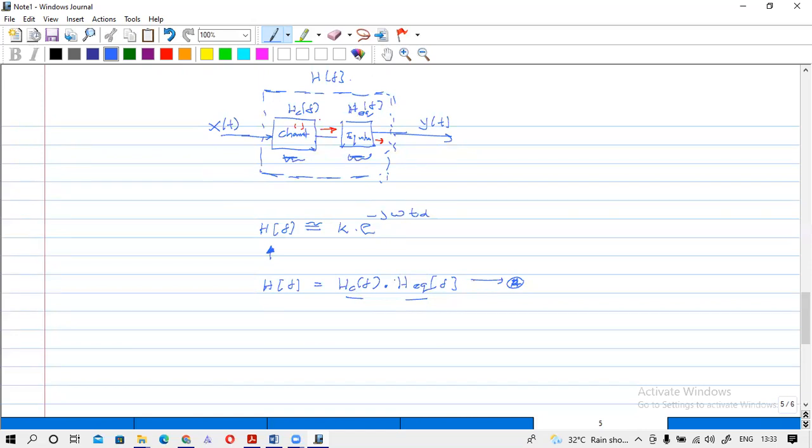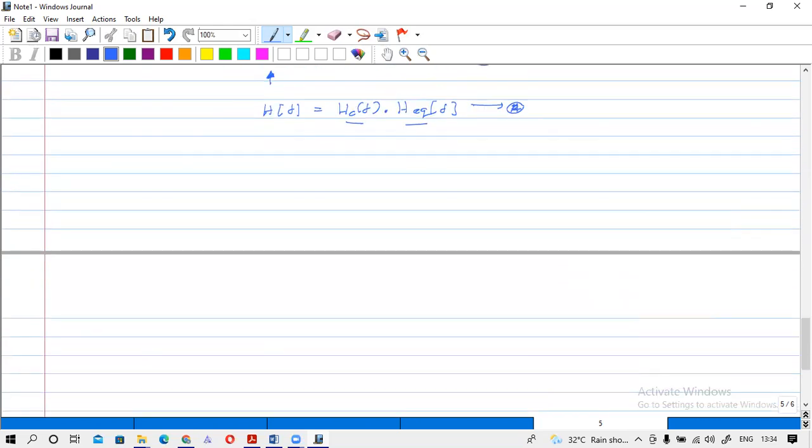You have a product here. And for distortionless, this transfer function should be equal to k e^(-jωt_d). This is also a very important fact you should remember.